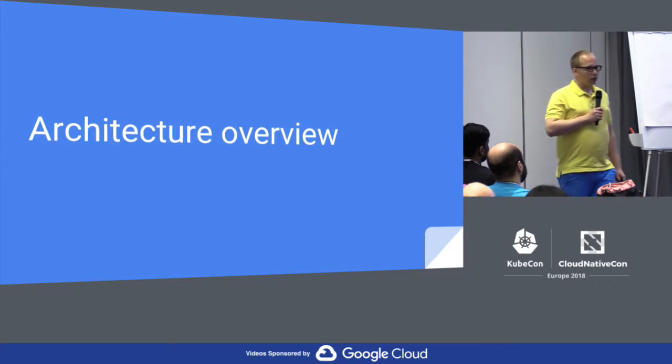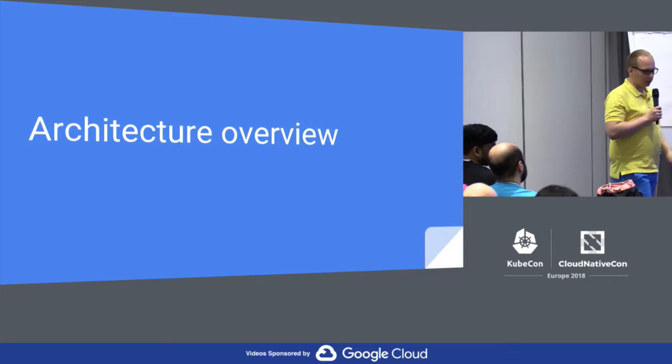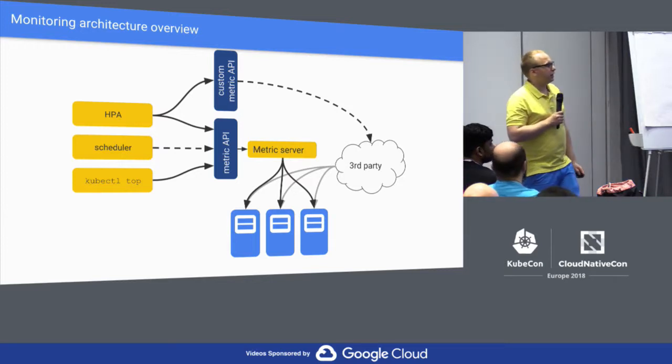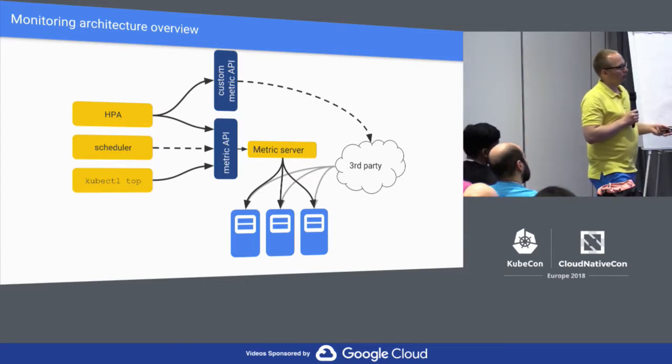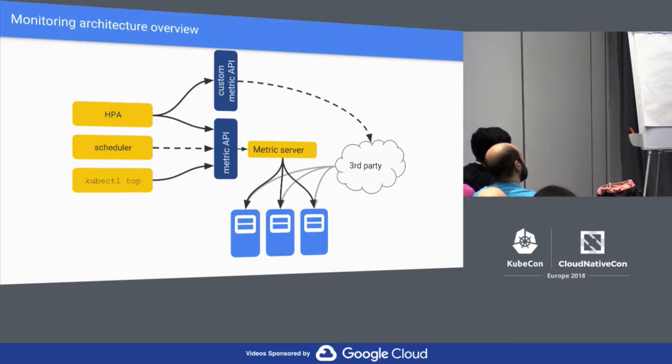Now I would like to show an overview of the Kubernetes monitoring architecture. Here is the picture. In Kubernetes, you have the core metrics pipeline, which consists of the metrics API, a Kubernetes API available in the Kubernetes API server, that basically allows you to consume metrics.